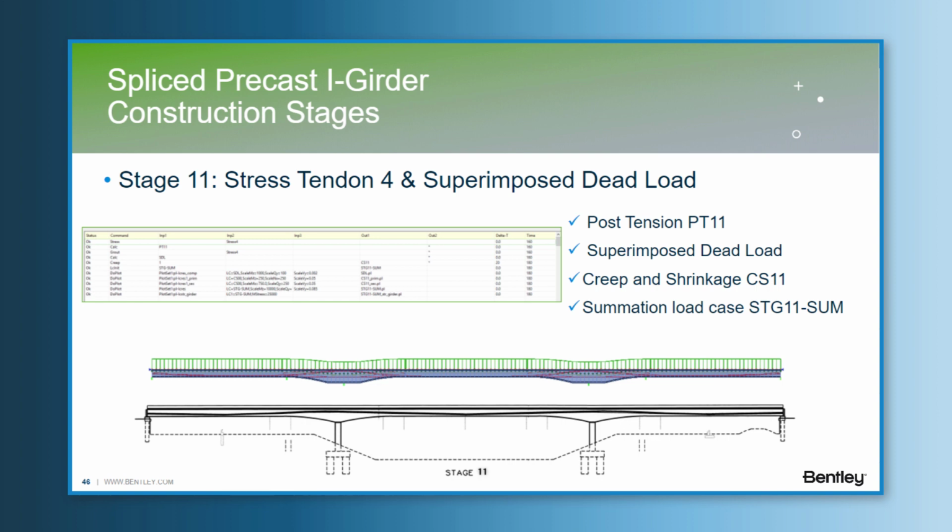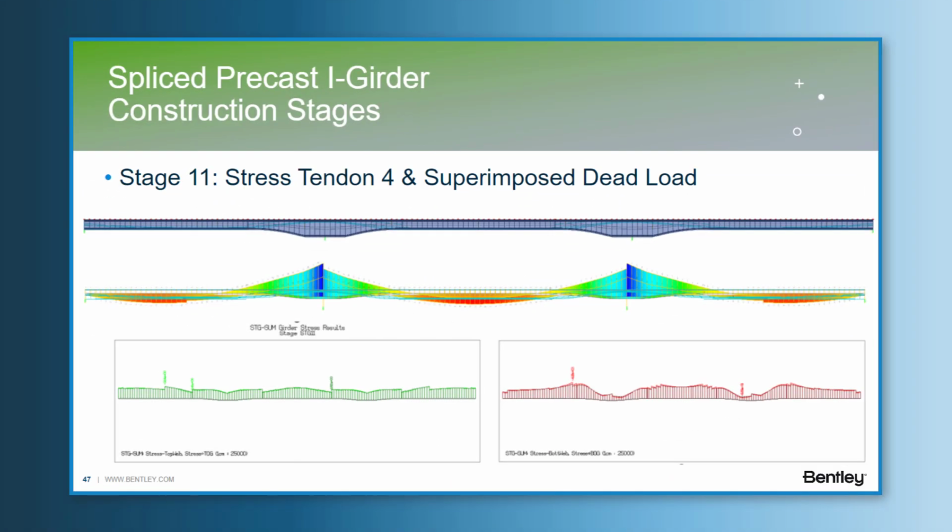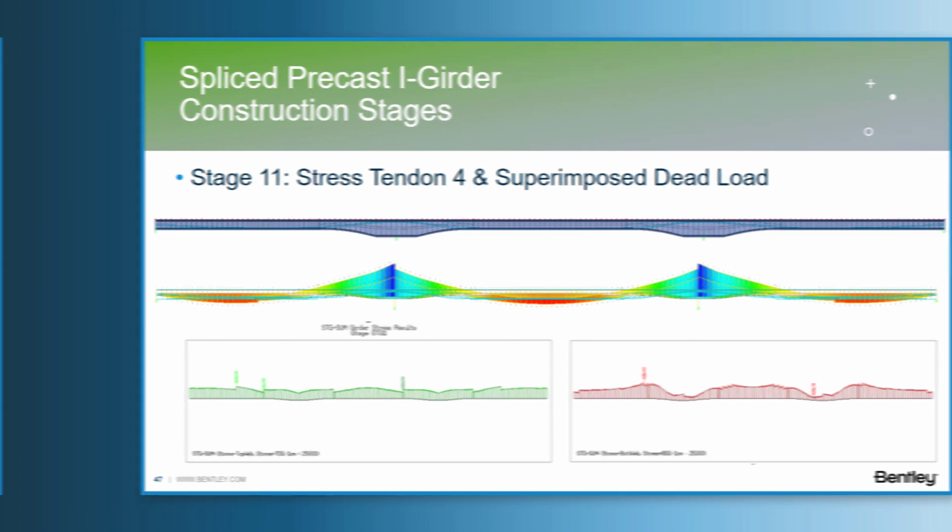So it's installed the last continuous post-tension tendon at the composite section and calculated the superimposed dead load. So at this time, we will get the creep and shrinkage effects at the end of the construction and before the bridge is open to the traffic. And the stress results are the ones presented, with no tension on the girder.